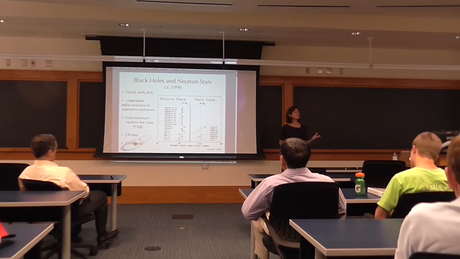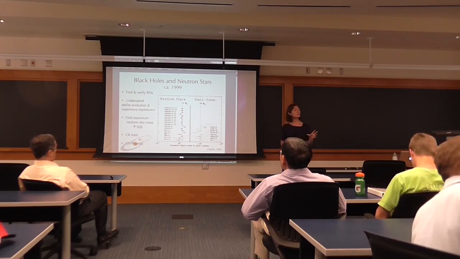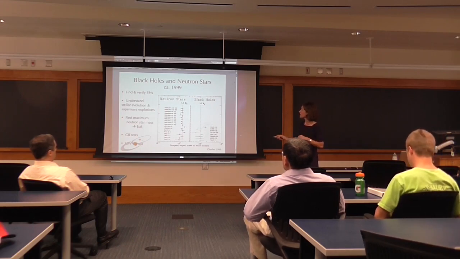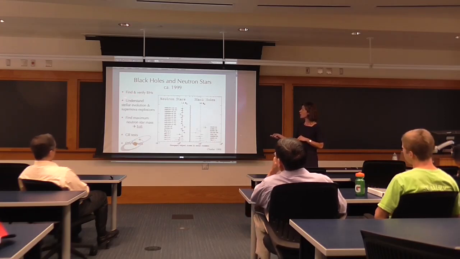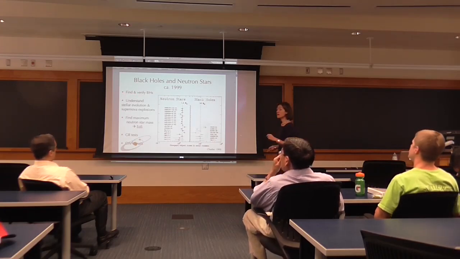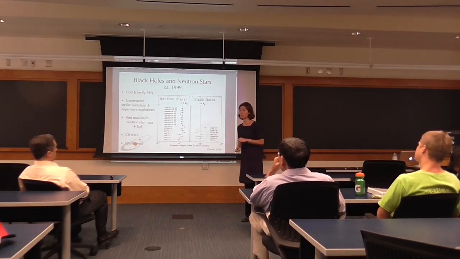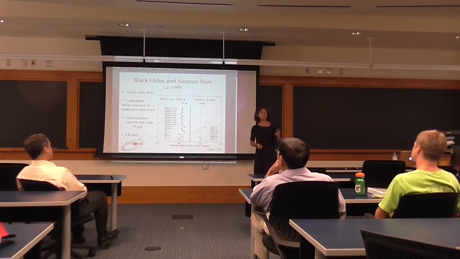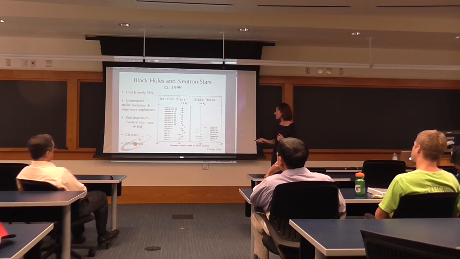So why do we want to do this? Let me first motivate it a little bit, and then I'll tell you about the improvements in the past decade. So first of all, this is our way of finding and verifying the existence of black holes. We have to measure their masses, and we have to verify that this is above what a neutron star can support, and that's how we can call them a different population.